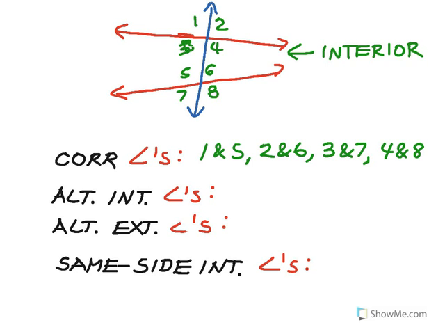So alternate interior angles would be 3 and 6 and 4 and 5. Okay, next, alternate exterior angles would be 1 and 8. Those are on the outsides. And 2 and 7.